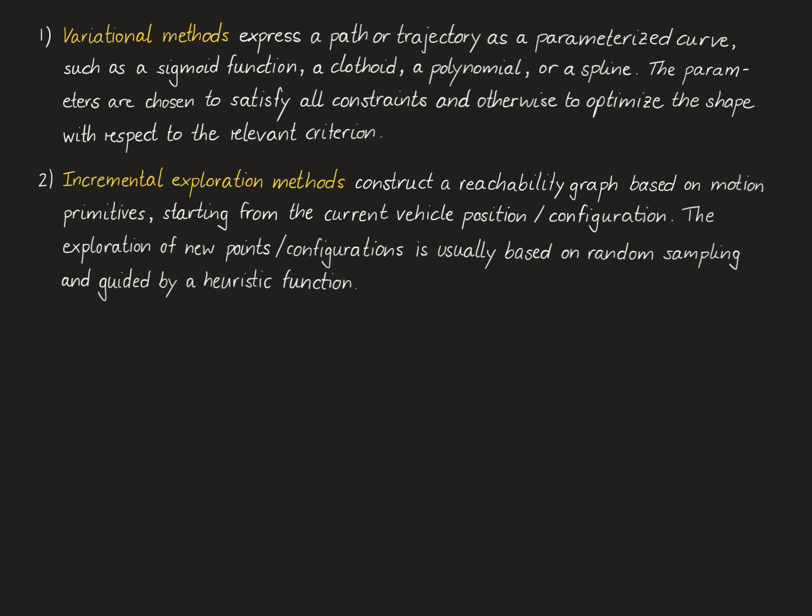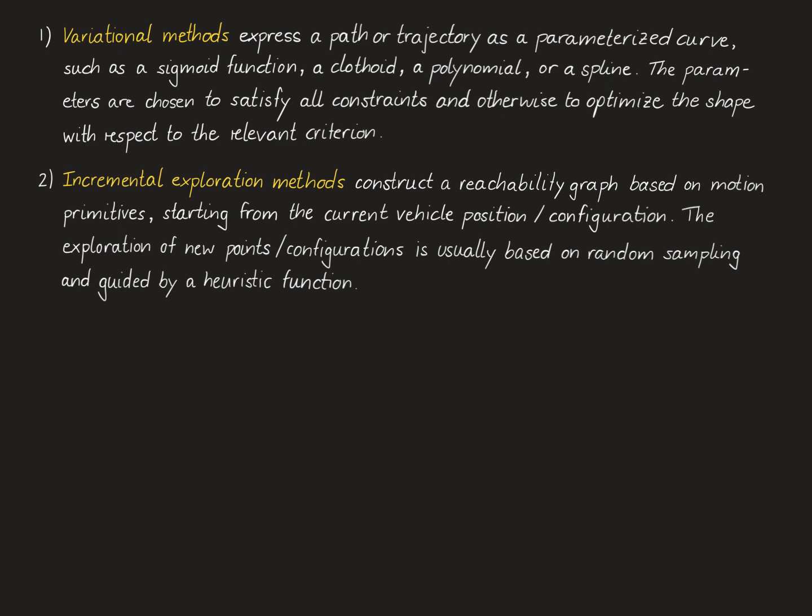Here, the idea is to start from the current vehicle position or configuration and then gradually construct a reachability graph based on motion primitives. In these methods, the exploration of new points or configurations is usually based on random sampling, which is why they're also called sampling-based methods, and it is typically guided by a heuristic function.